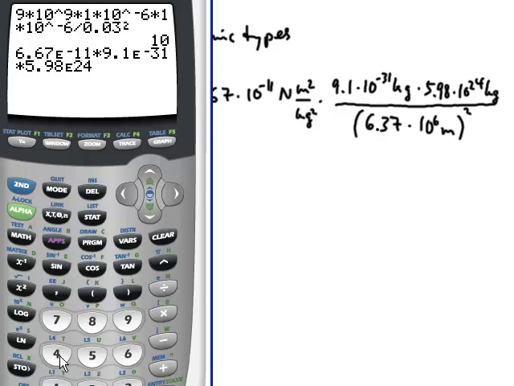So using this E or using 10 to the power, either one of them is the same, but you have to do it properly.